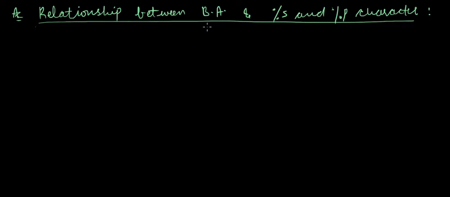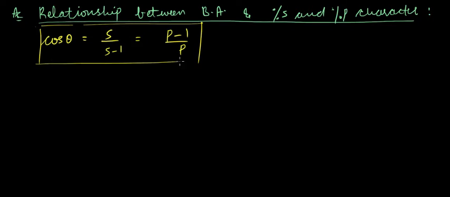So we can say that we are defining, let's suppose theta is the bond angle, so we can write cos theta is equal to s upon s minus 1, which is equal to p minus 1 upon p. So this is a very important relationship, just keep that in mind.